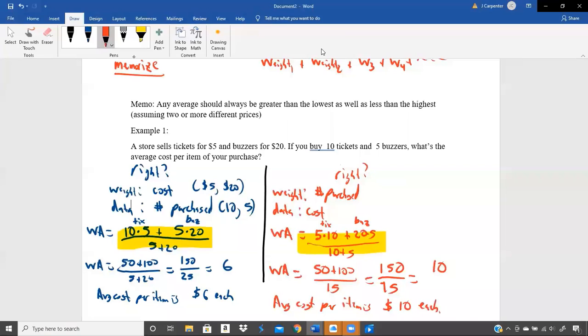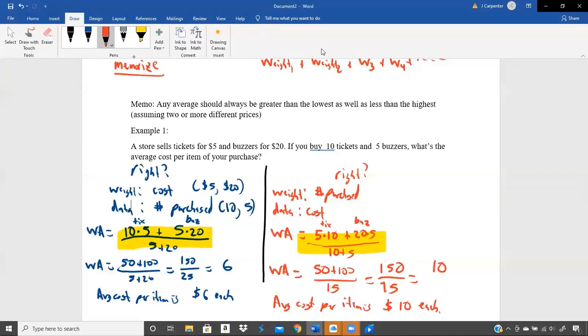Now, when you come across these problems and you do them the different ways like this, if this is the experiment you need to do to learn this a little better and to get a better understanding, very often one of these answers will be outside of even the realm of possibility. As we already mentioned earlier, the average always has to be between the greatest and lowest prices, or number of things if that's what you were looking for, which it's not.